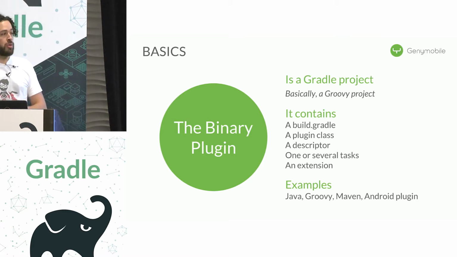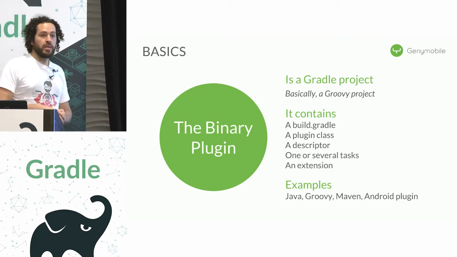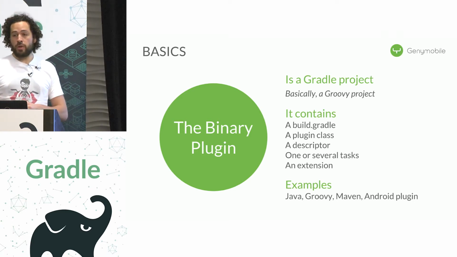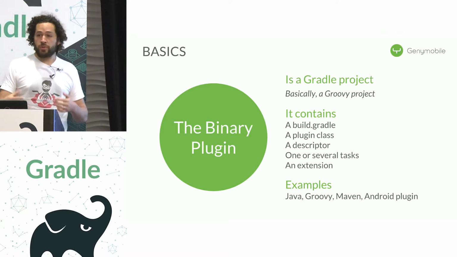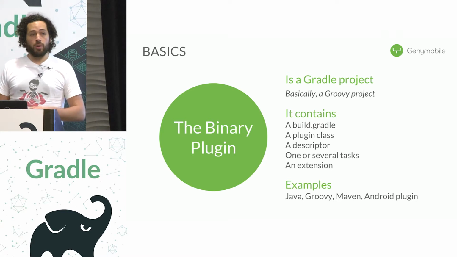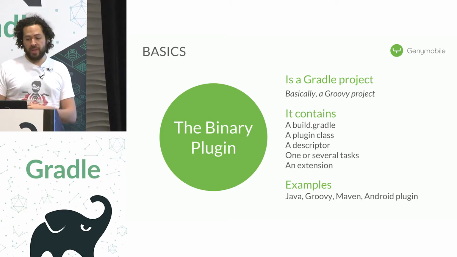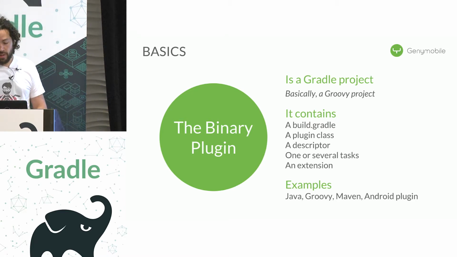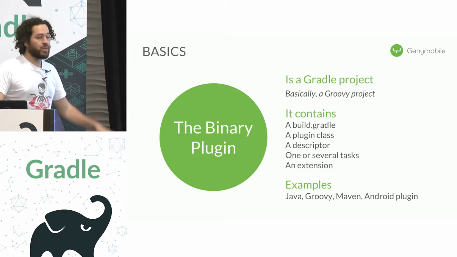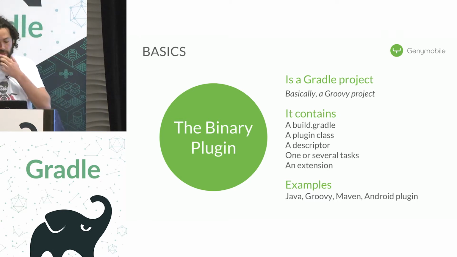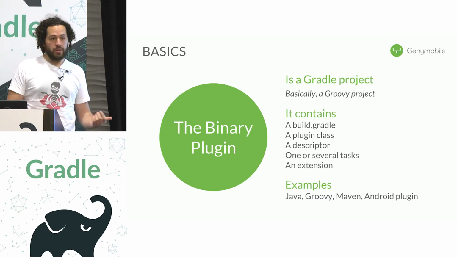And you have an extension. The extension is the DSL, the language that you will expose to your user to let the user configure your plugin and tell you what they expect from it. Just a few examples that I can give you of Gradle plugins: the Java plugin, Groovy, and of course the Android plugin that I told you about.